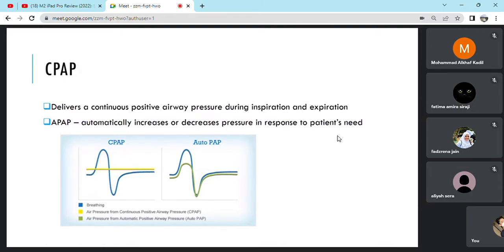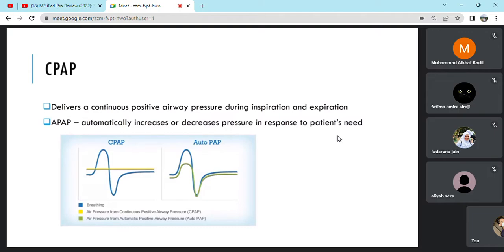When you talk about auto CPAP, it will adapt. So during inspiration, kung mas mataas dapat yung pressure na ibibigay mo, then the machine will adapt to that. And during expiration, it has sense na hindi niya kailangan yung 10 centimeter water. It can fluctuate less than 10, and that is what the device will give. So it automatically increases or decreases the pressure depending on the patient's need.